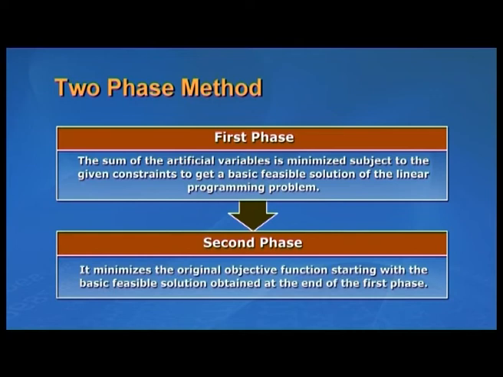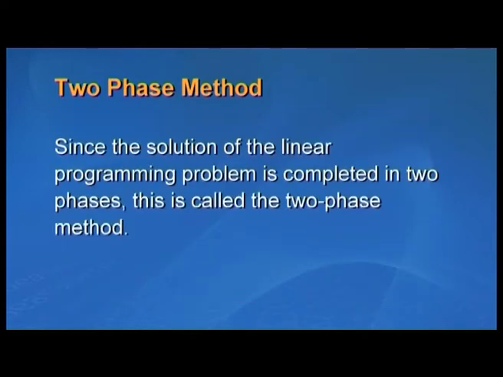The second phase minimizes the original objective function starting with the basic feasible solution obtained at the end of the first phase. Since the solution of the linear programming problem is completed in two phases, this is called the two-phase method.